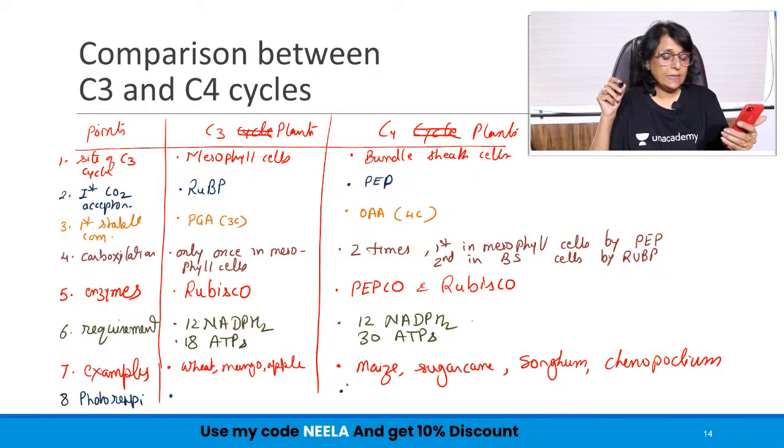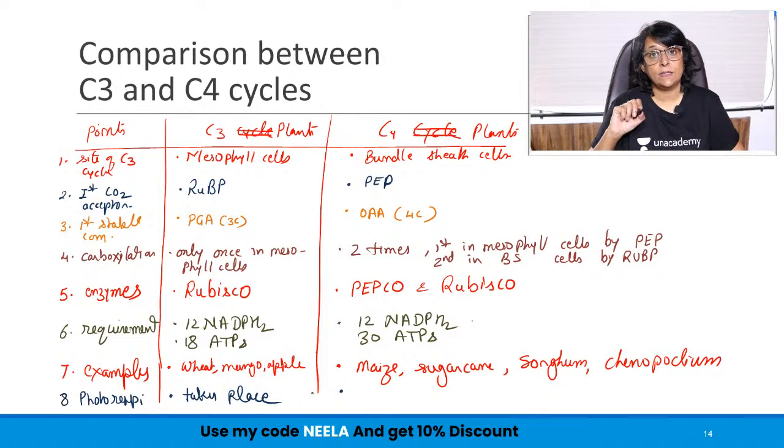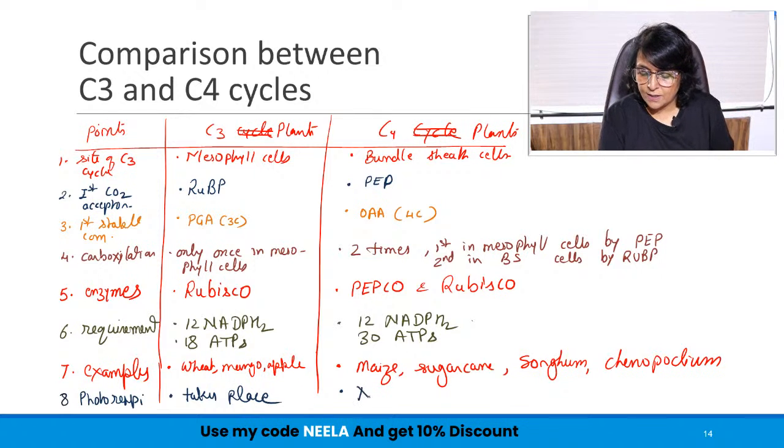Answer given by Rahul. Perfect answer. It takes place in C3 plants, and in C4 plants there is no photorespiration because they have the adaptation, they have Kranz anatomy and they have dimorphic chloroplast. Reshma has also given the answer, Priya has also given that answer.